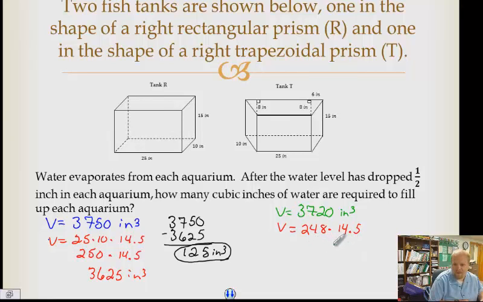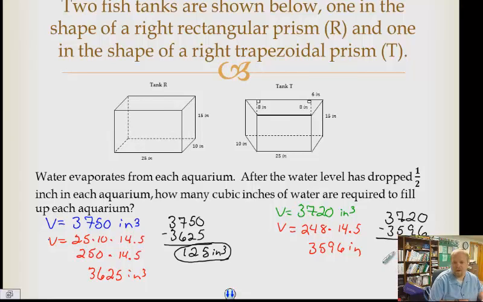That's going to be 3,596 cubic inches. When I subtract those, 3,720 minus 3,596, it's going to be 124 cubic inches.